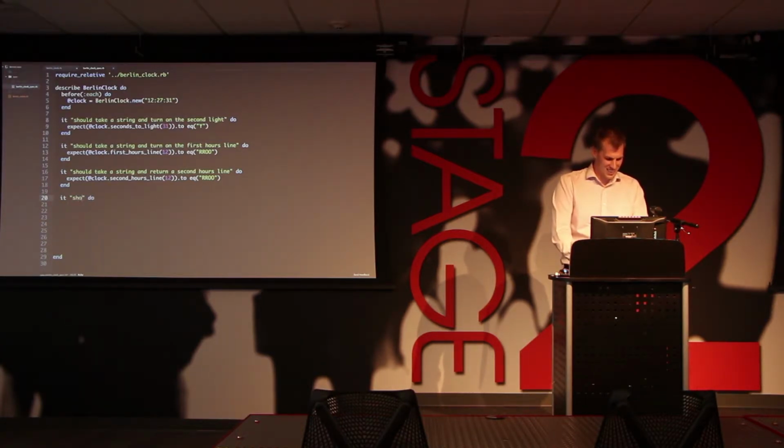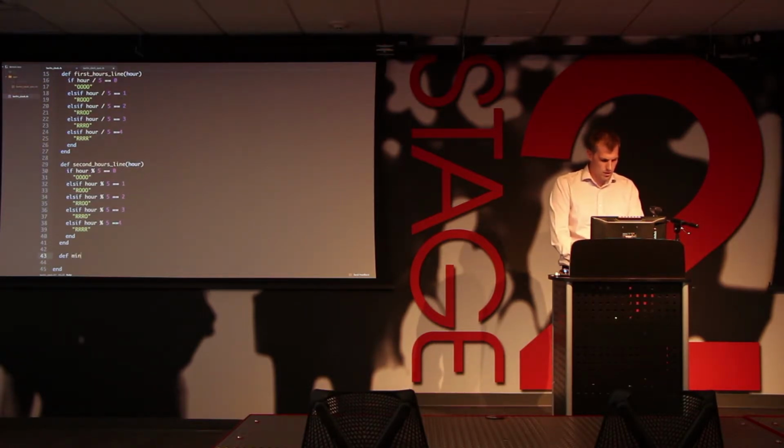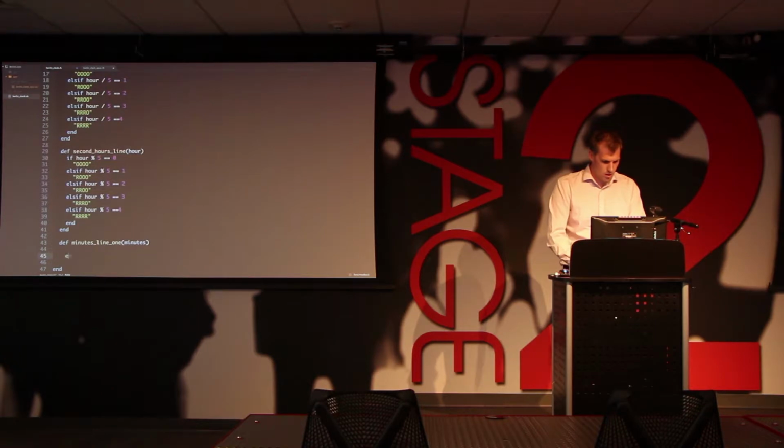All right. So now I'm going to do the same thing, take a string and return first minute and second minute lines in different methods. I'm going to do it in an easier way because I don't want to just do the 11 possibilities, because that's what the third line will be. I'm going to create an empty string and push minutes to it.